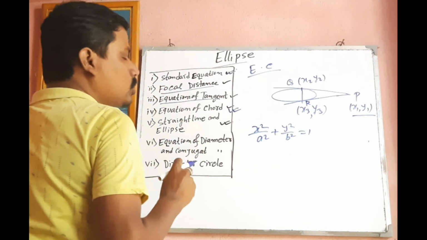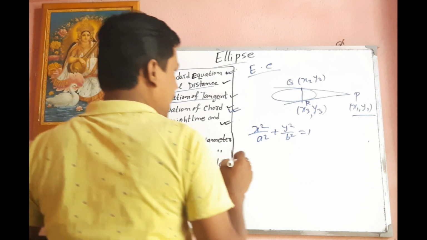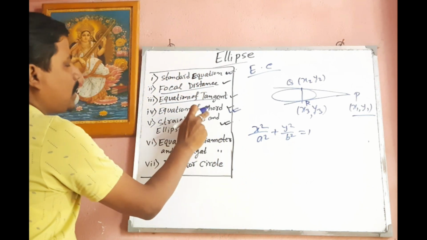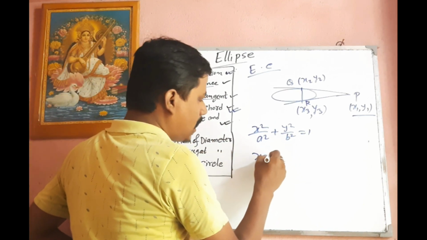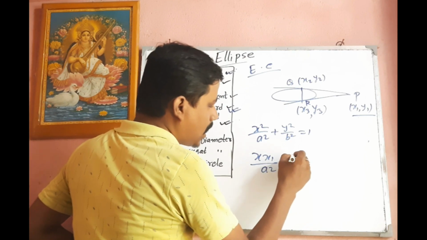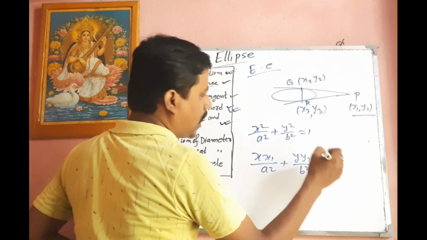Then according to the property of ellipse, we can say the equation of the chord of contact will be x x1 divided by a square plus y y1 divided by b square is equal to 1.